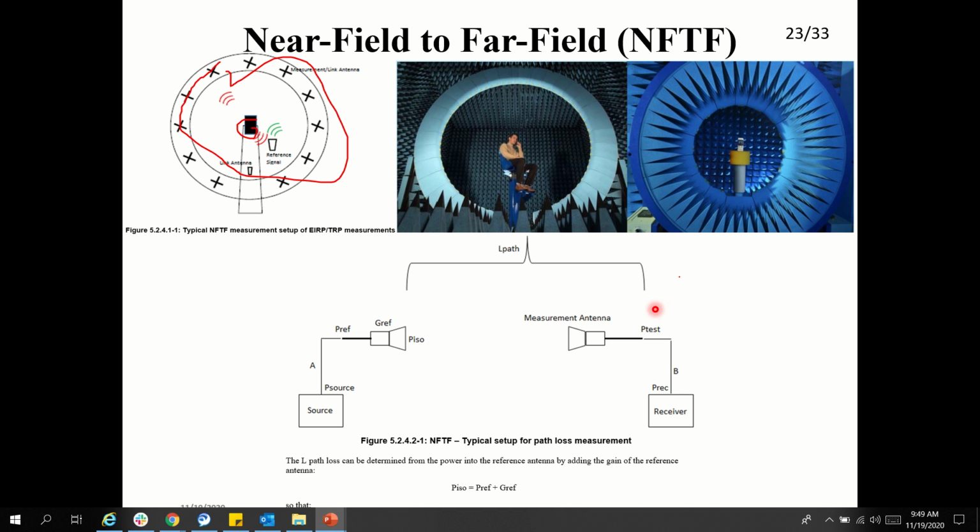If all of these are known, the actual path loss in between can be estimated as P iso minus P test, where P test is the power received here plus gain. If you subtract these two, you get the actual path loss in the path.